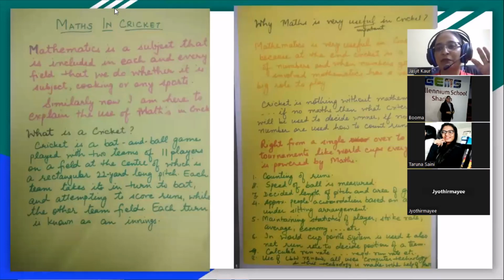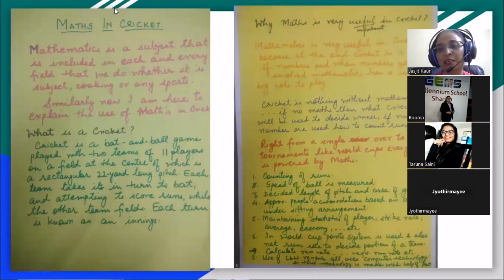This is one of the activities I did with my students, how math is related to the playground. So, math with cricket. We have to help them understand that math is not just a subject. It is really helpful in every field, whether it is cooking, sports or everything.